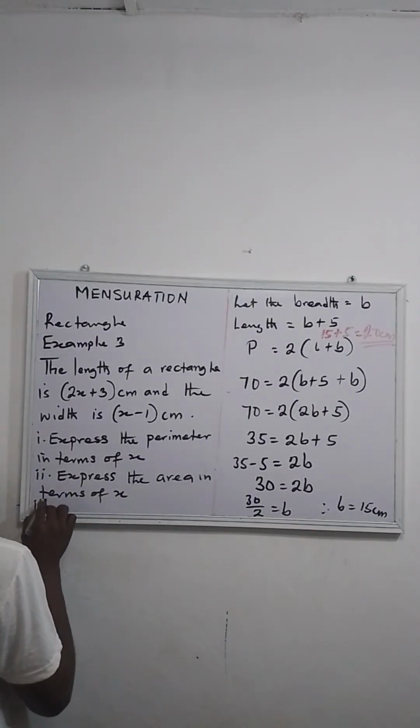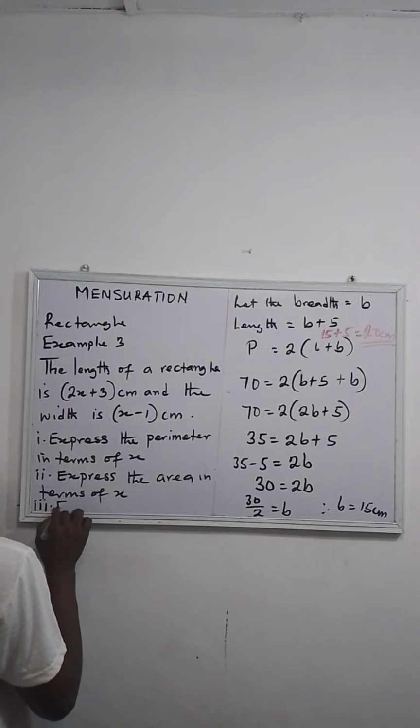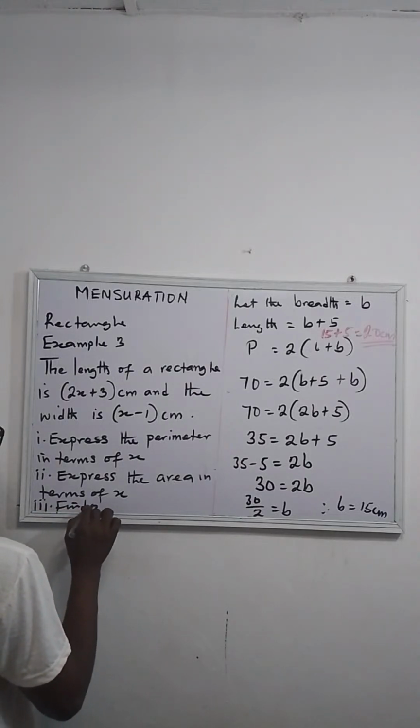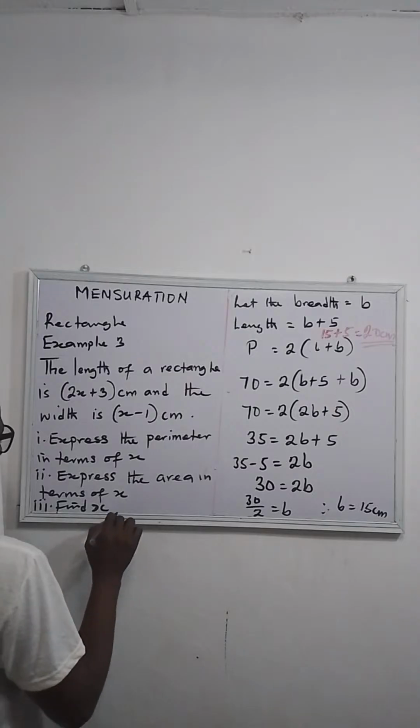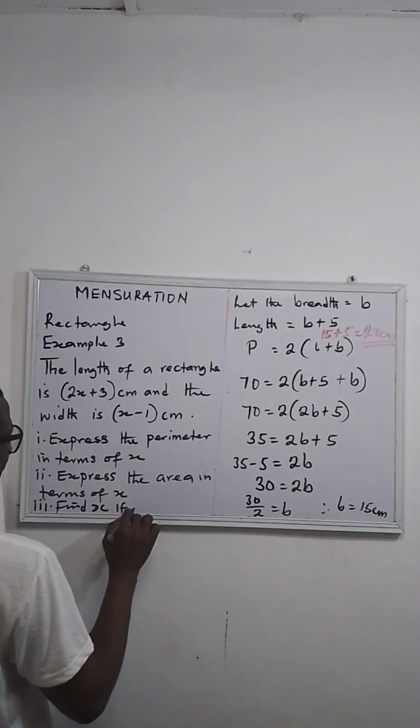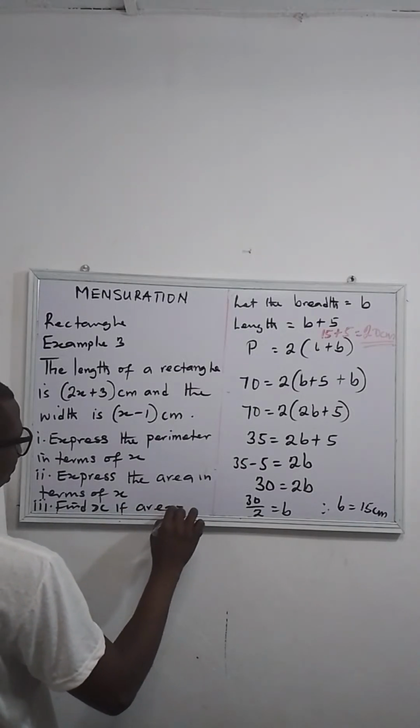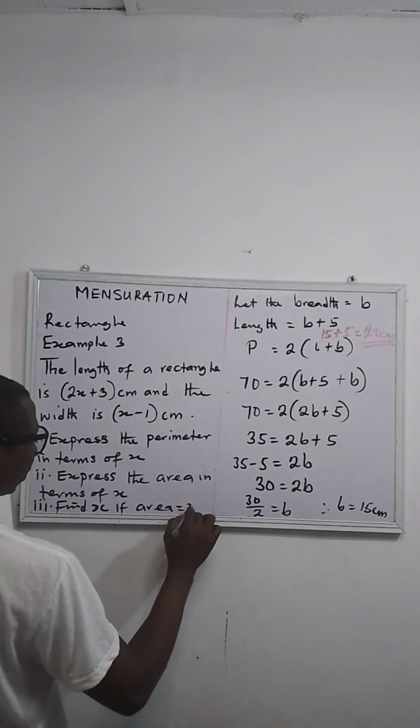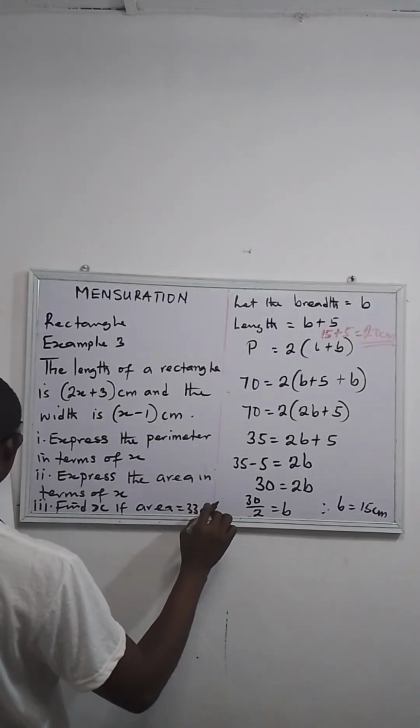And the third one, find x if the area equals 33 centimeters square.